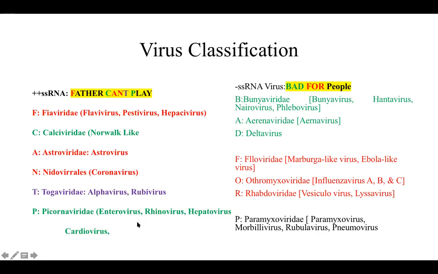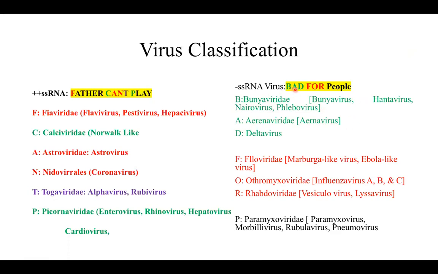So in order to memorize the negative single-stranded RNA viruses, the mnemonic is "bad for the people." B indicates the bunyavirus. A stands for the arenavirus.